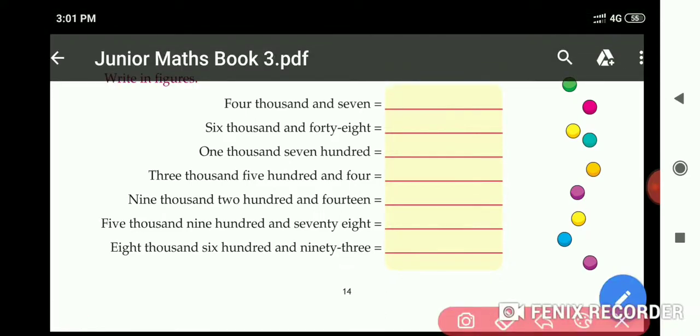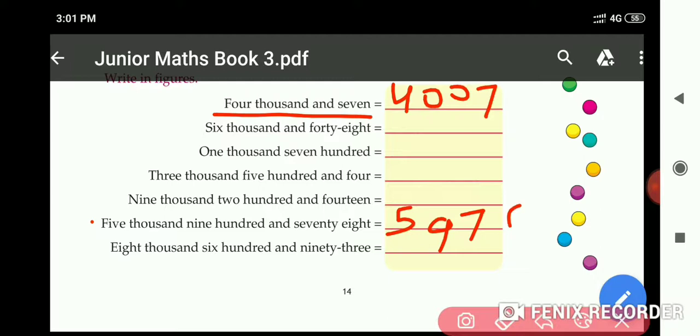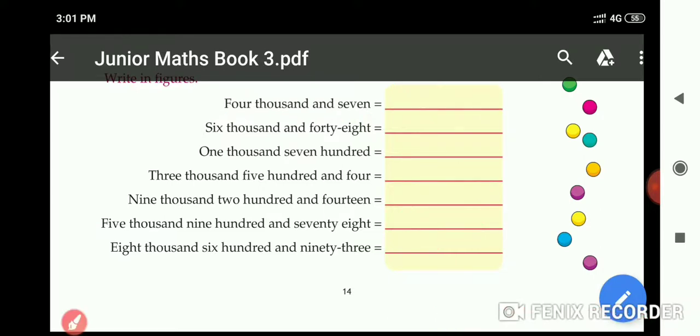You have to write in figures. Number names are written over here. 4007. 5978. Like this we will write in figures.